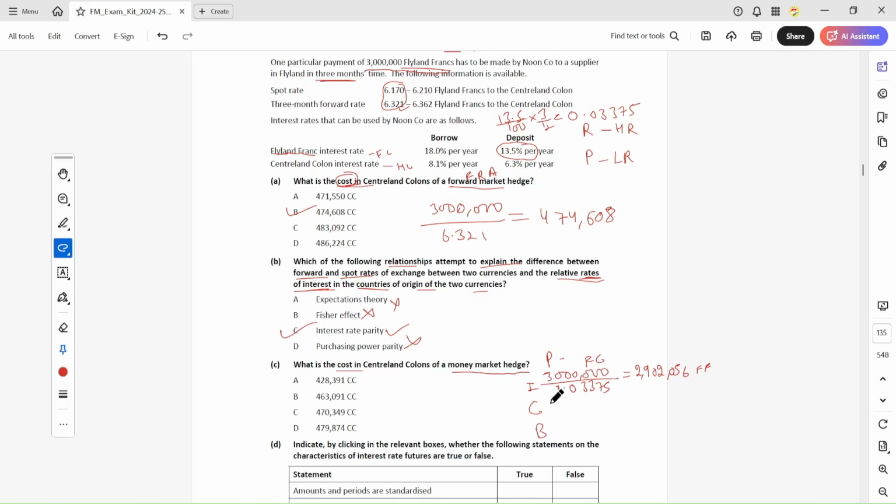Then we have to convert it at the spot rate. Which spot rate do we use?